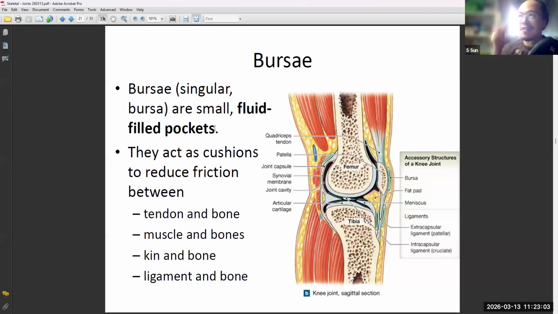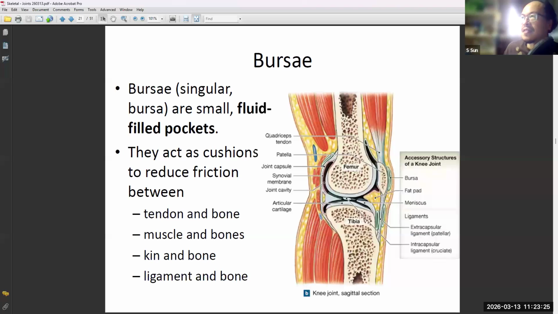We have those fluid-filled pockets put in there, and you can see that right here.